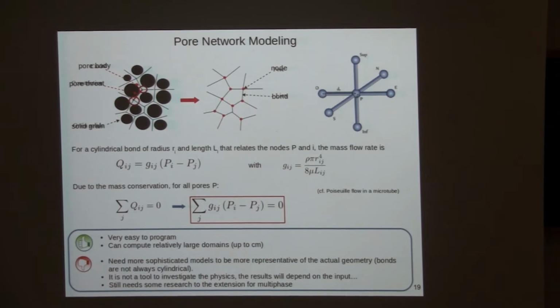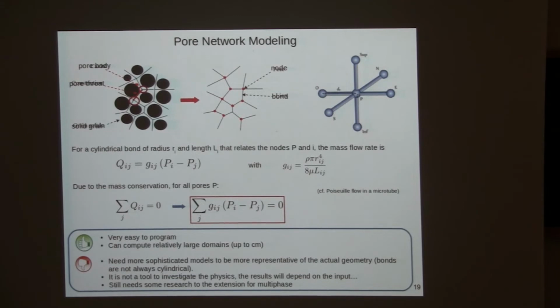The main advantage of these techniques is that they are very easy to program. You can have that in a small script, a MATLAB script or Fortran script, whatever. You can compute relatively large domains, up to centimeter, let's say. But of course, you have some drawbacks also.